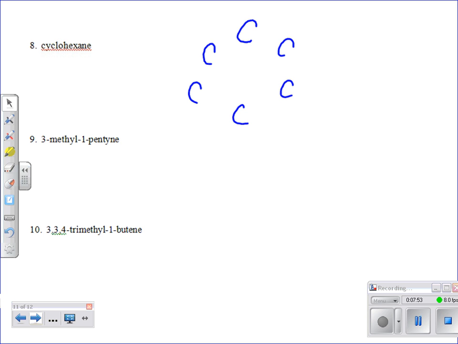And it's a hexane, so all I'm going to do is do a single bond on all of those guys. Now we just need to make sure that all of those bonds are correct and add hydrogens where we need to. Looks like each carbon has 2 bonds, so we need to give it how many hydrogens? 2.